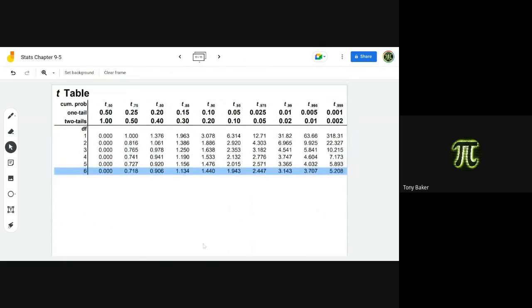It was 5% on one-tailed, so one-tailed 5%, and what are we looking at for my degrees of freedom? 5. So right here, 2.015.